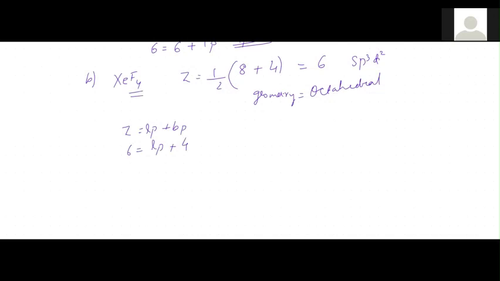So 6 minus 4 is 2. Now, the shape. I have xenon, 4 fluorine atoms connected, 2 lone pairs. For the shape, I have to ignore the lone pairs. So what shape do I get? Square planar. Shape is square planar.